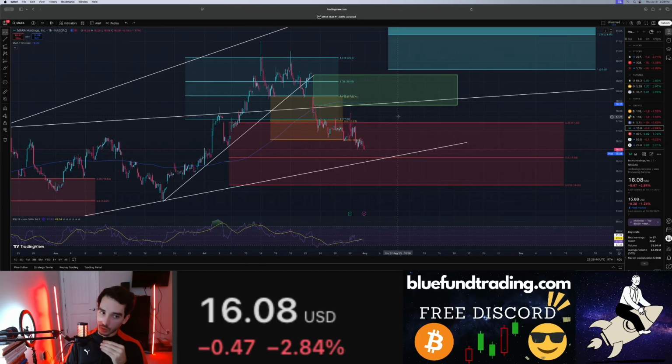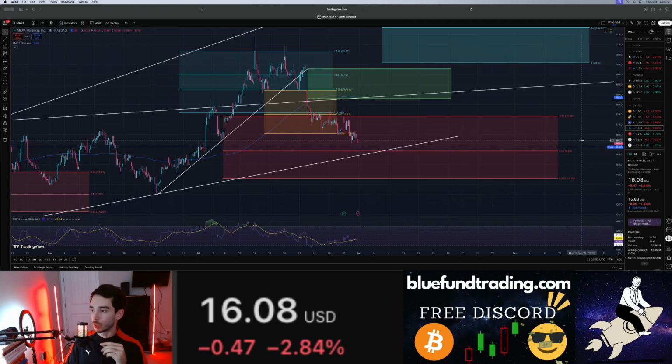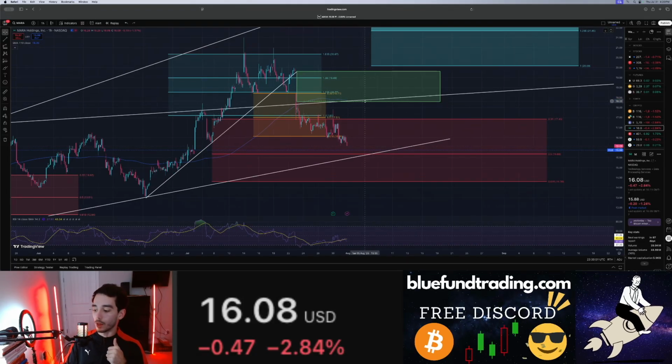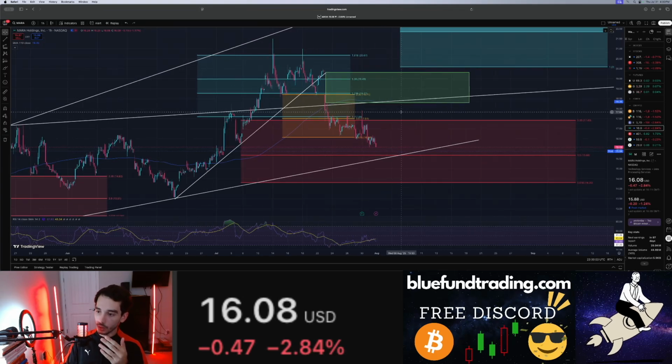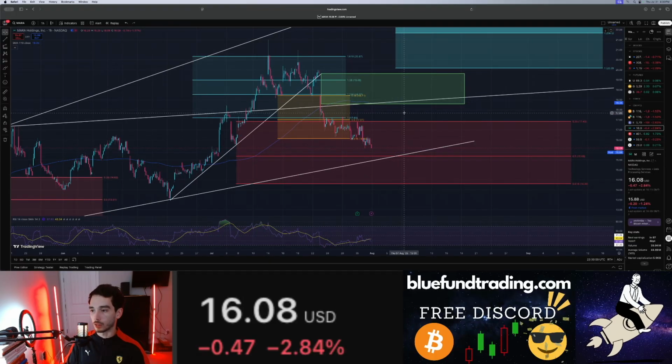I kept saying in previous videos, especially yesterday's video, that even though it still has the opportunity to go up before we break the 0.5 retracement at $15.68, there's a few elements that, even if it does do that, there's going to be a lot of FOMO. There's going to be a lot of people buying in where there's a retracement, and obviously there's an imbalance gap that can act as strong resistance.